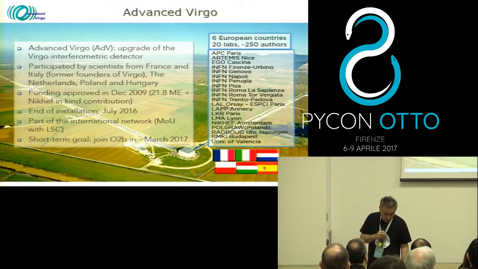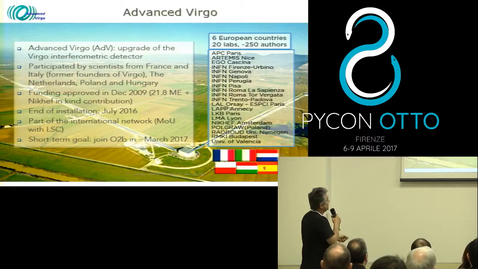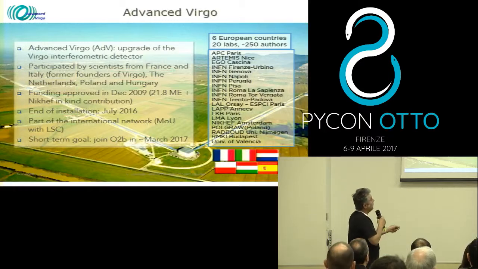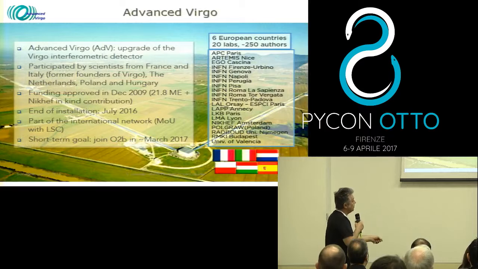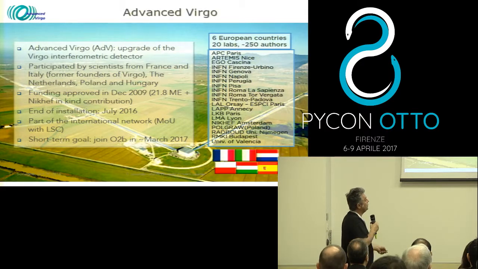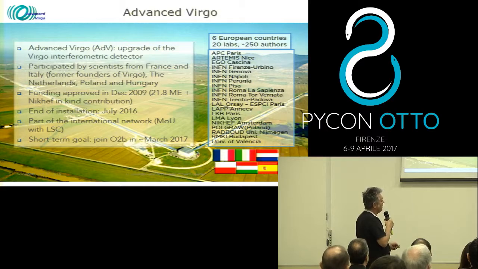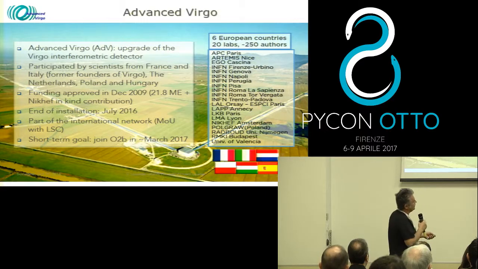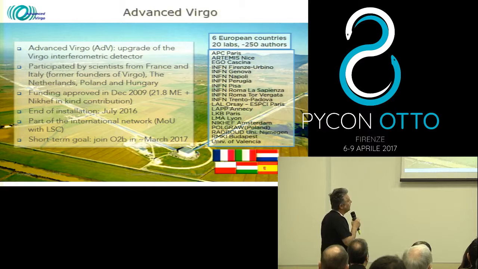So a bit of recap concerning Advanced Virgo. Advanced Virgo is a project in which all those laboratories in Europe are participating. The two main funding countries are Italy and France, and also Holland, Hungary, Poland, and Spain are coming in.